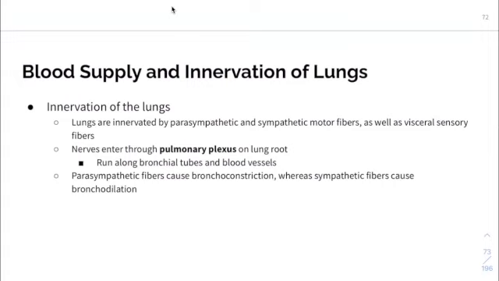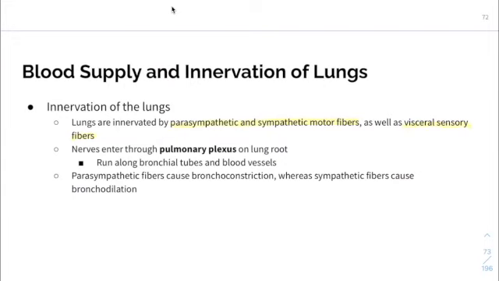So how do our lungs get innervation, get sensations? Lungs are technically innervated by parasympathetic and sympathetic motor nerves. They also have visceral sensory nerve fibers. We have what is called a pulmonary plexus.